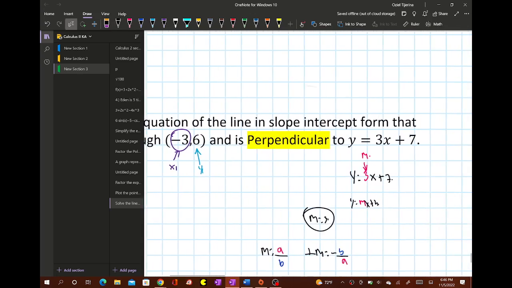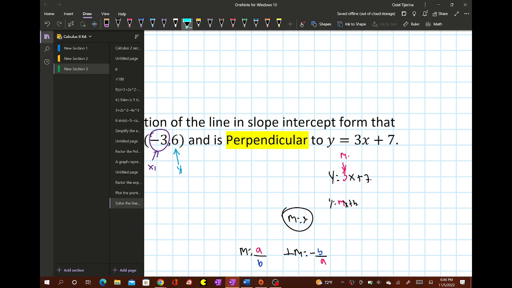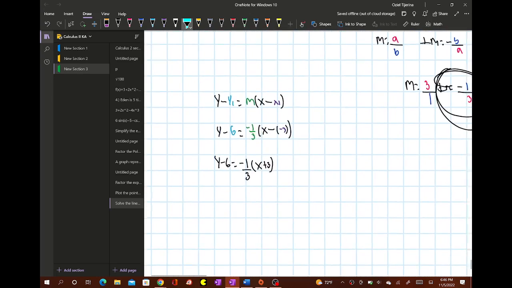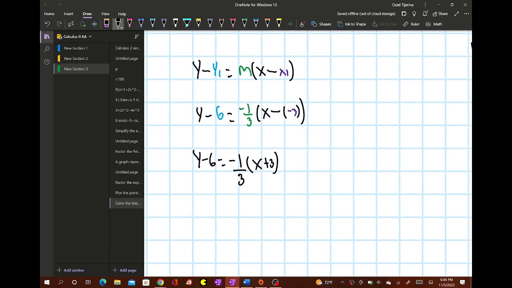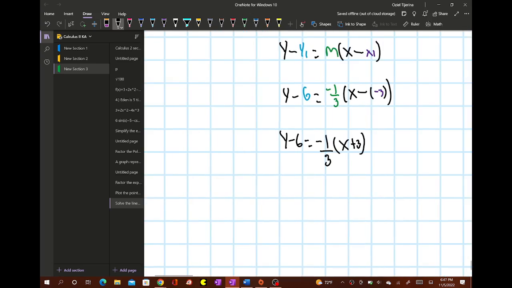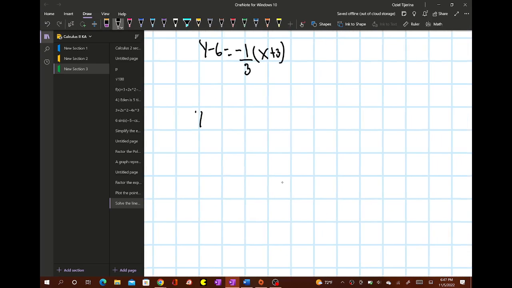We're almost done. It says slope intercept form. This is point slope form, it's not slope intercept form. So all you really have to do is distribute and say negative 1/3 x minus 1, and then add 6 to both sides, right?